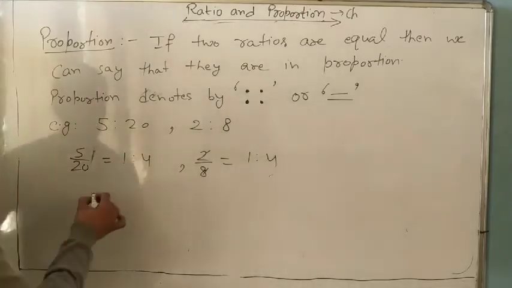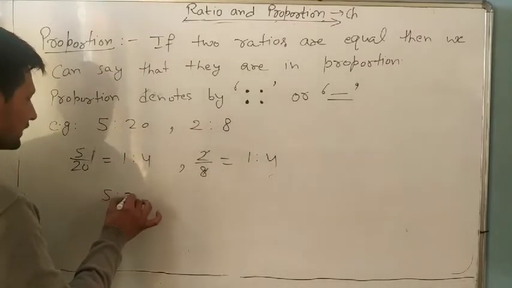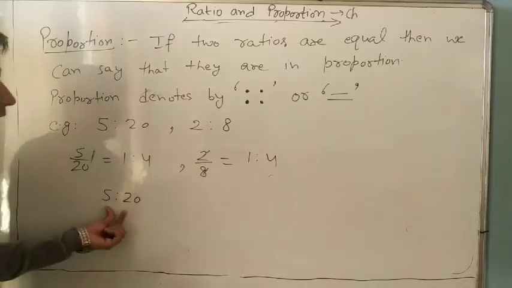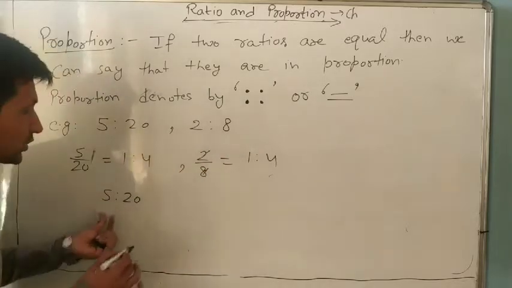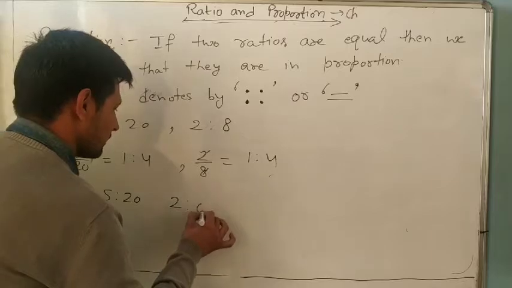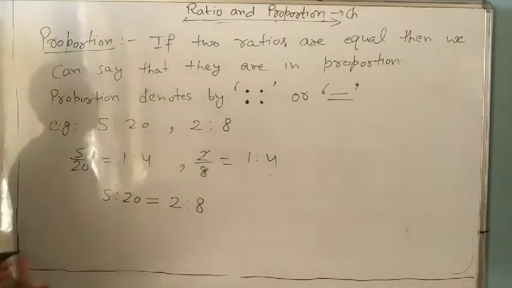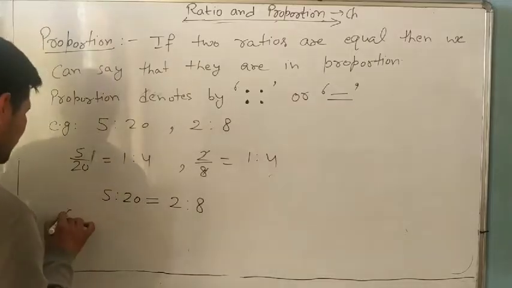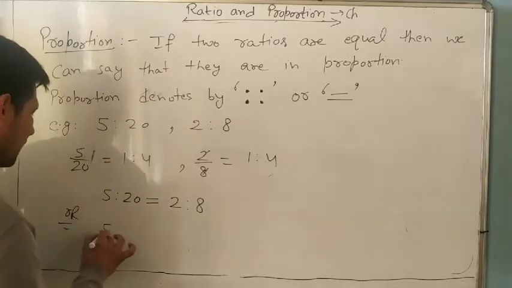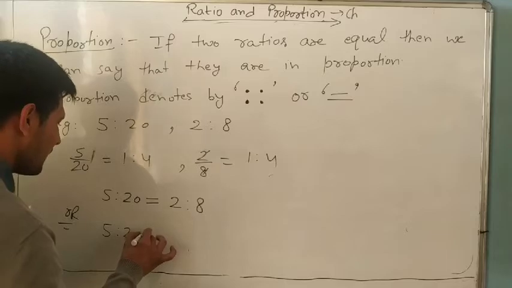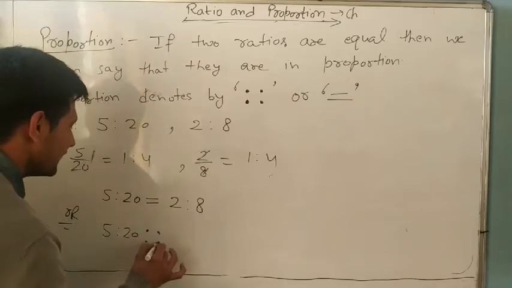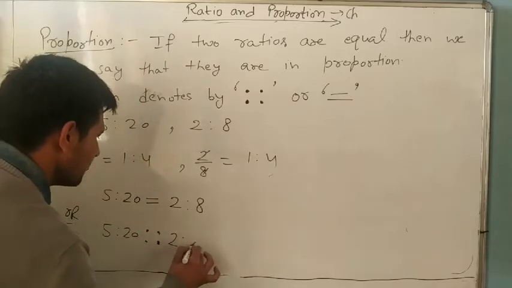You can denote it like this, with the equal sign, or you can write 5:20 and four dots, like this one, the symbol of proportion.